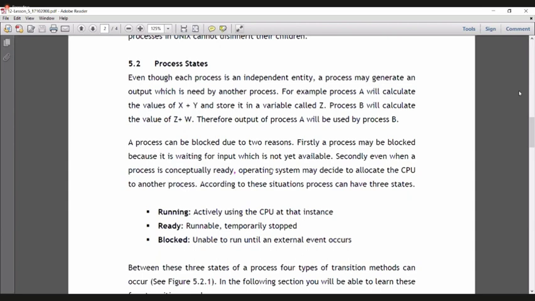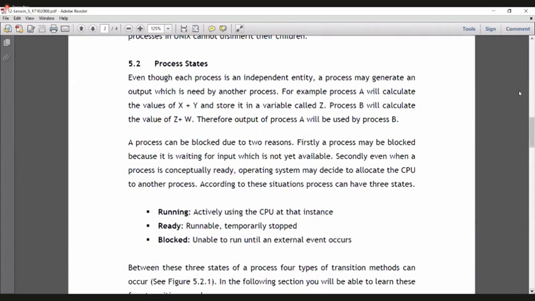So these are the two types of blocking situations. If you are waiting for an input, you are blocked. If all inputs are ready, but the CPU, the resource, is not available, again, you are in the blocked state. Now, according to these situations, a process can have three states. What are the three states? Running state, ready state, and blocked.